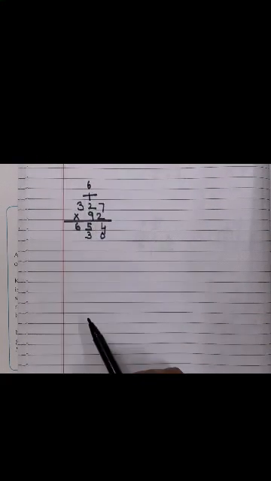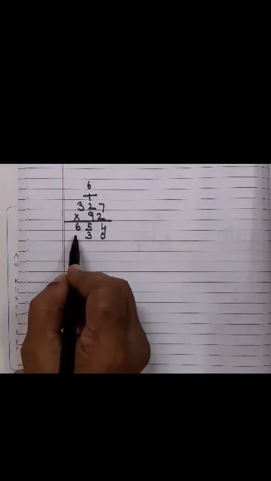Now 9 2s are 18. 18 plus 6 is what children? 18, 19, 20, 21, 22, 23, 24. So it is 4 and here 2. Now children, see here, put 2 here in the same line so that you are not confused. Right? Now 2 is here.